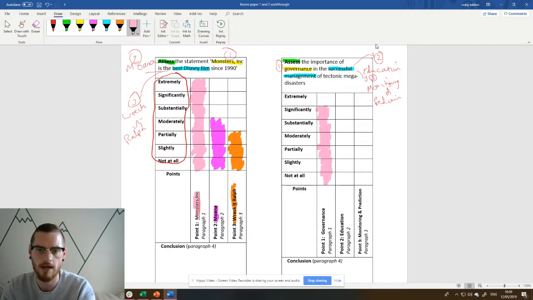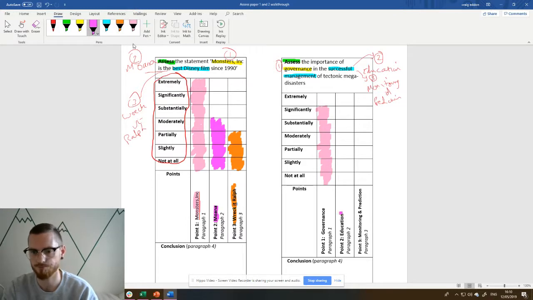Because if good governance had taken place and that had been adhered to, it would reduce the impacts, which would be good management of a tectonic mega disaster. So I agree significantly that governance is important in managing a mega disaster successfully, and I will use that language at the end of my paragraph.